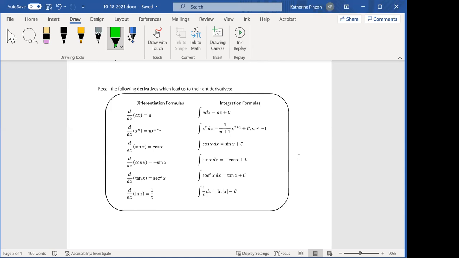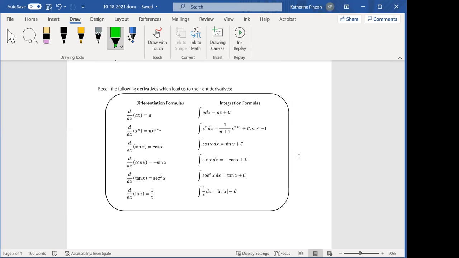The power rule says bring the power in front and subtract 1 from the exponent. When we undo that, we add 1 to the power and then divide by the new power. The derivative of sine is cosine, so the antiderivative of cosine is sine. The derivative of cosine is negative sine, so the antiderivative of sine is negative cosine. These are all just those basic undoer rules.